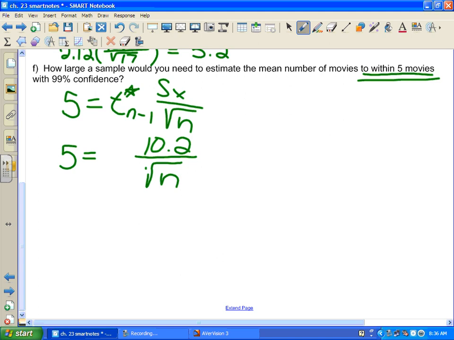Now, the t-star is based off of n minus 1, and if we don't know what n is, we don't really know how to find the t-star. So if you're trying to find n, you need to use z-star. That's to infinity. That's like the worst possible case or the best possible case, how I'm going to look at it.